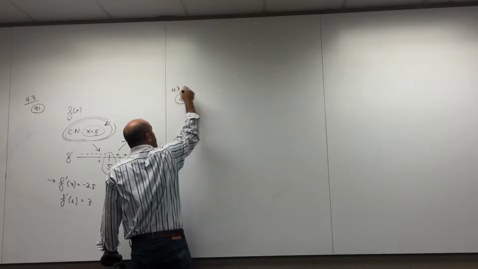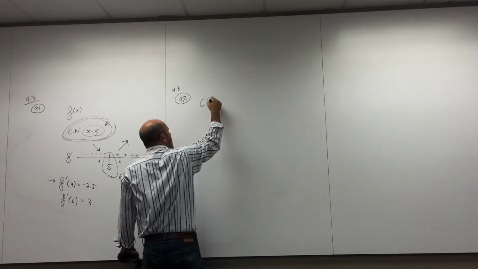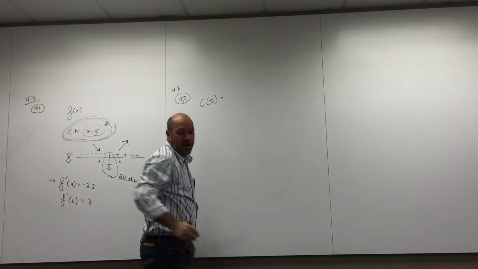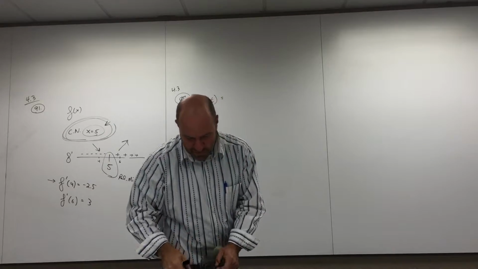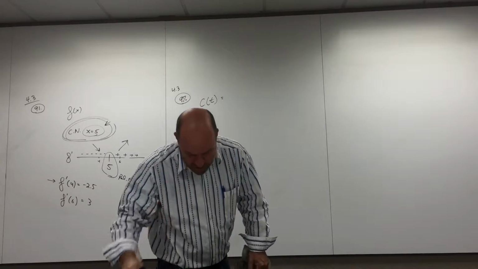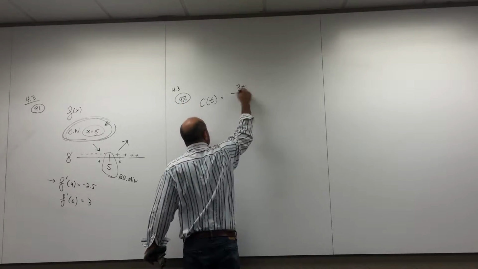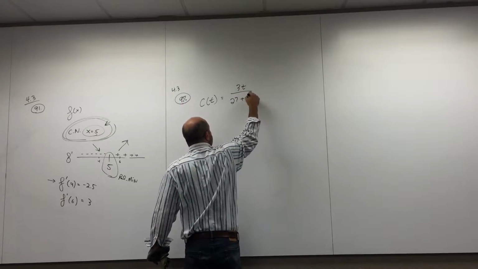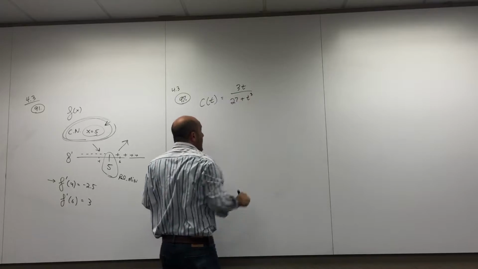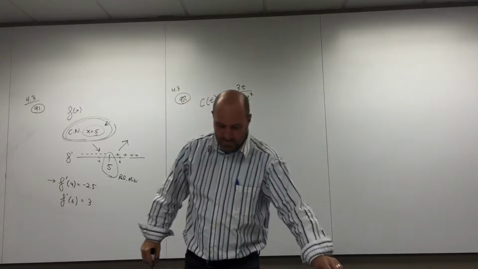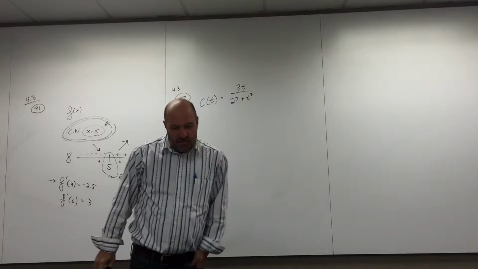I'm in 4.3. It says that you have a function called c of t, and it is 3t over 27 plus t cubed. And here's what this is.